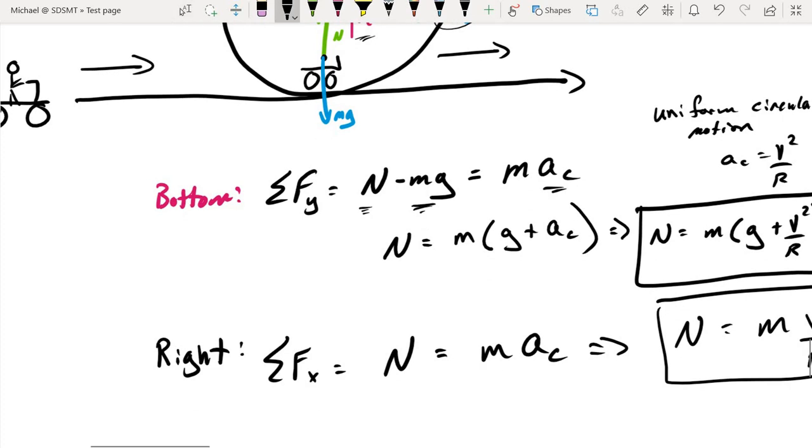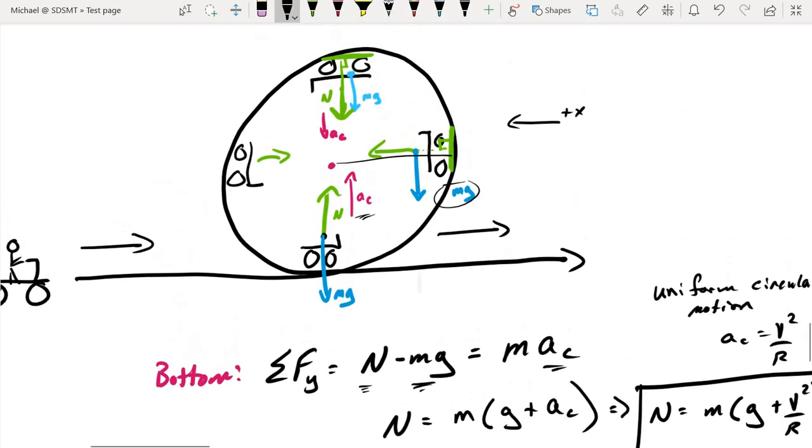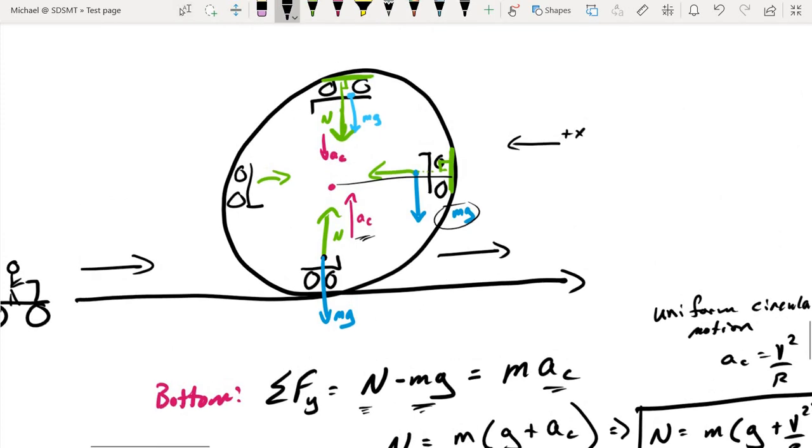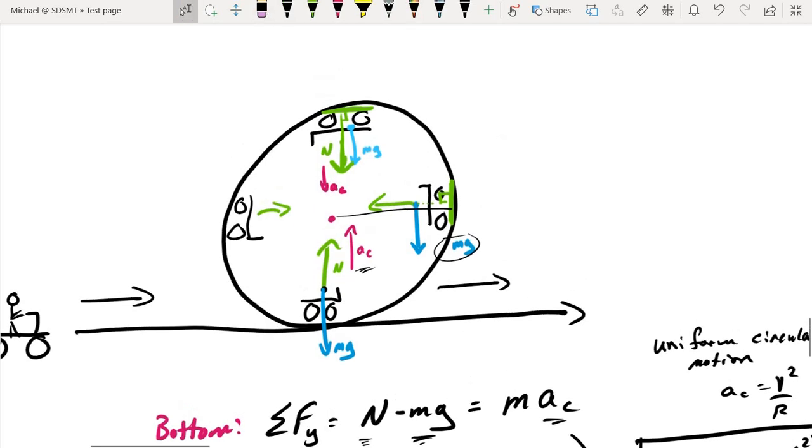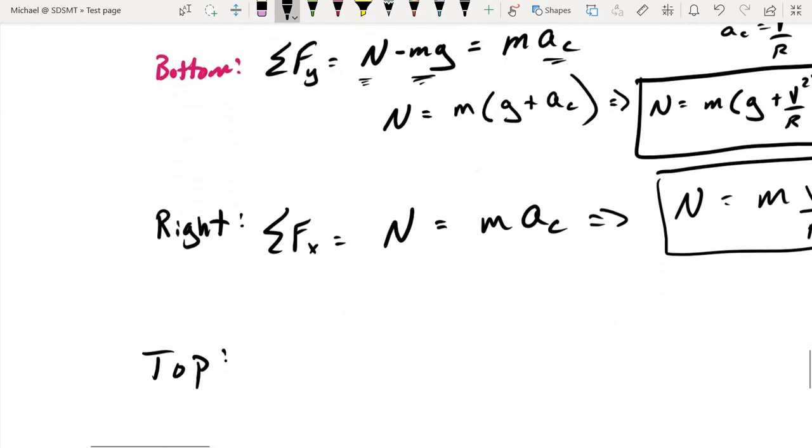If I put everything together with a sum of forces, new position on the diagram, new arrangement of forces, so I will introduce a new reference frame. I will let down towards the center of the circle be the positive direction. And what that means is that I have the normal force plus the weight contributing to the centripetal acceleration.